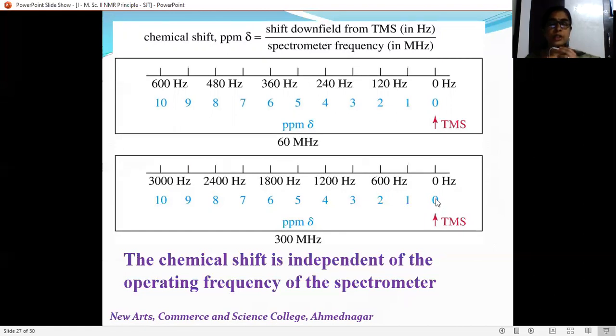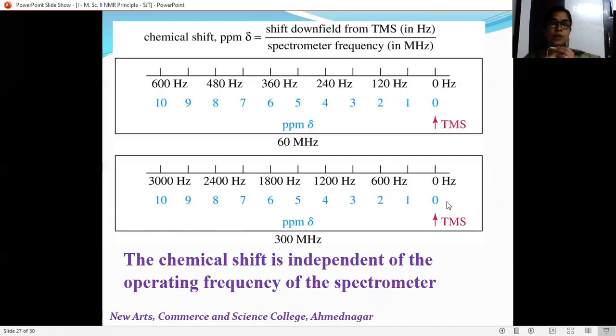Now look at this. This is the position of the reference compound, and from right to left the scale is increasing. The region where lower delta values are present, we call a shielding zone, and where higher delta values are present is called a de-shielding zone.